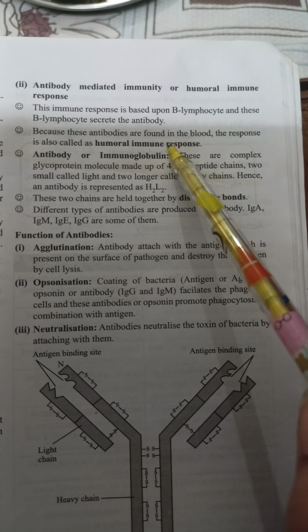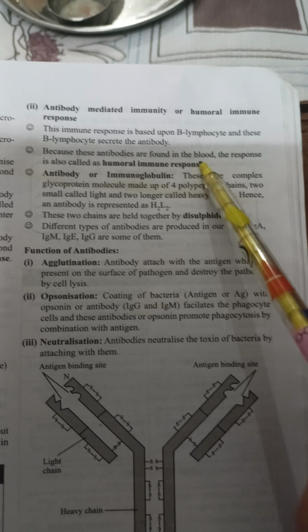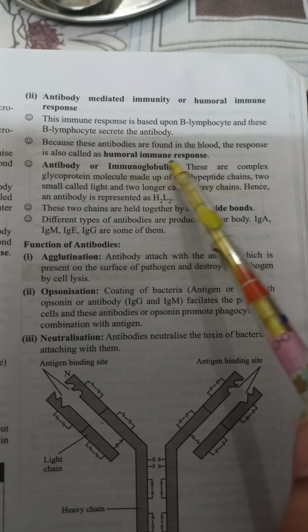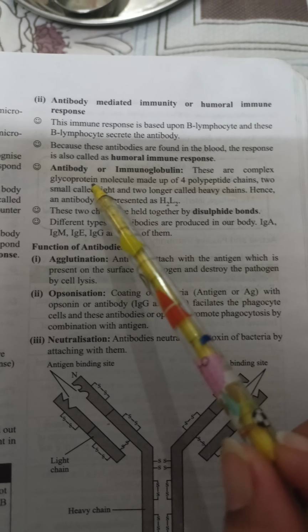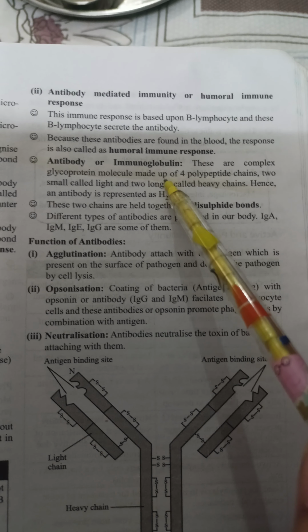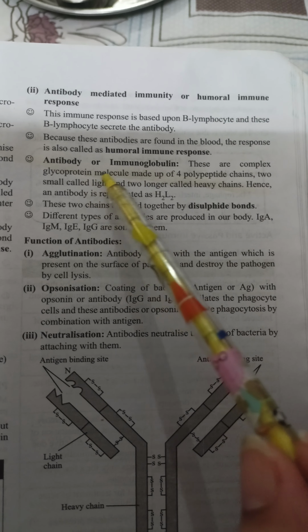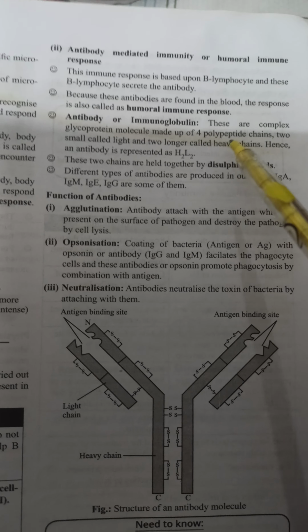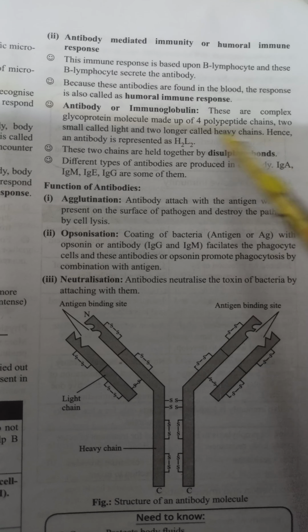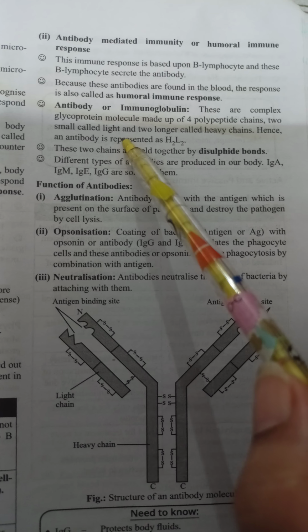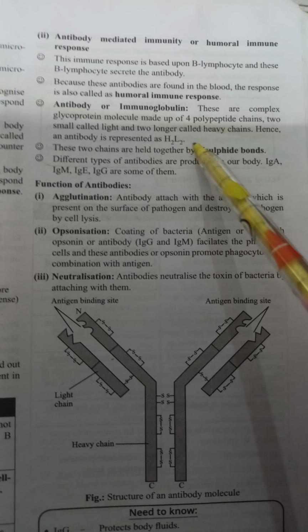Antibody or immunoglobulin are complex glycoprotein molecules which are made up of four polypeptide chains, two small ones called light chains and two longer ones called heavy chains.